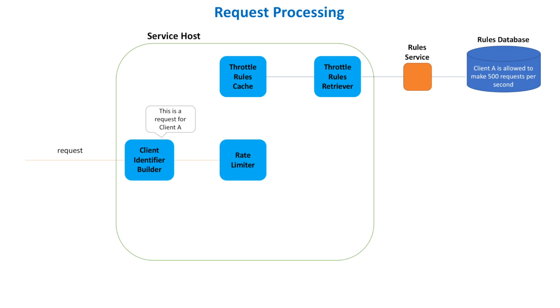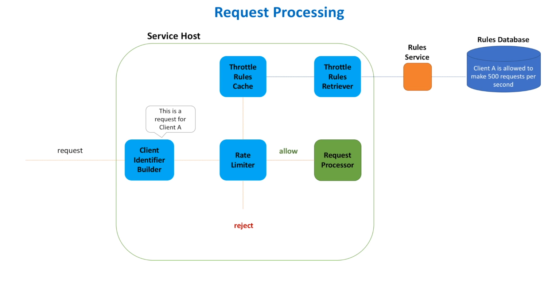Rate limiter checks the key against rules in the cache. And if match is found, rate limiter checks if number of requests made by the client for the last second is below a limit specified in the rule. If threshold is not exceeded, request is passed further for processing. If threshold is exceeded, the request is rejected.